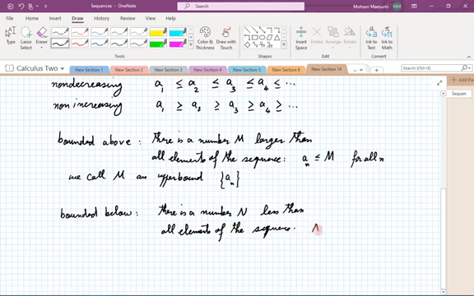We're going to write it n less than or equal to all elements of a sequence a_n for all n. So then we say the sequence a_n is bounded below by n, and we call n a lower bound of our sequence.